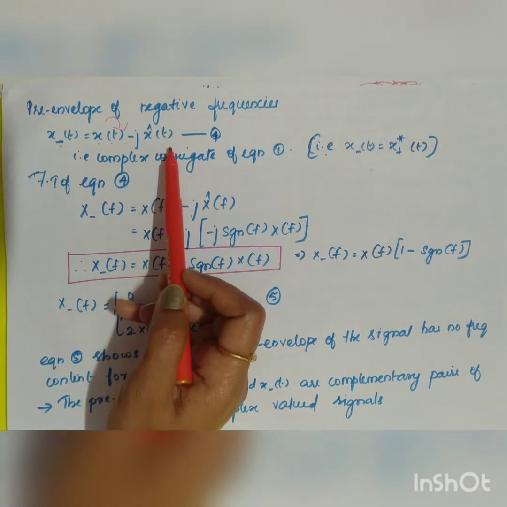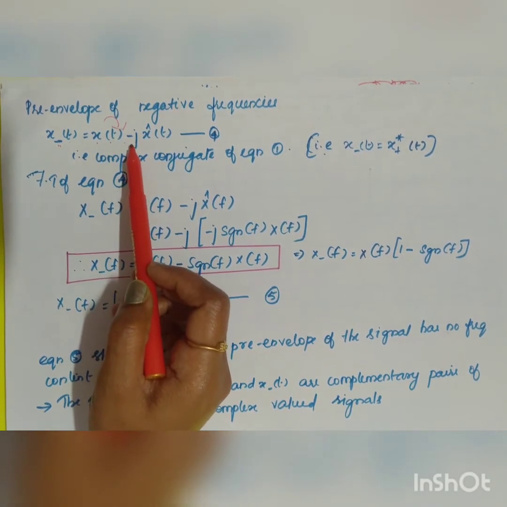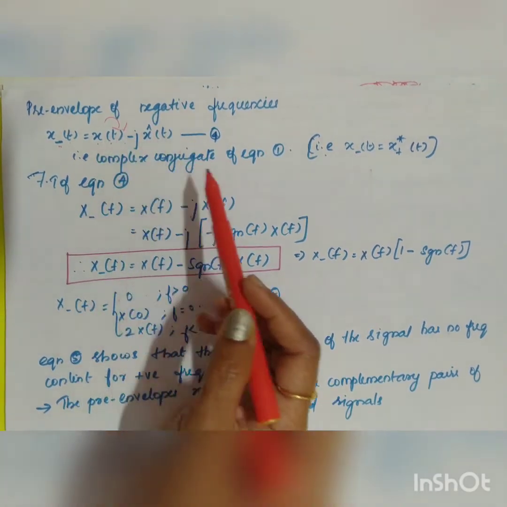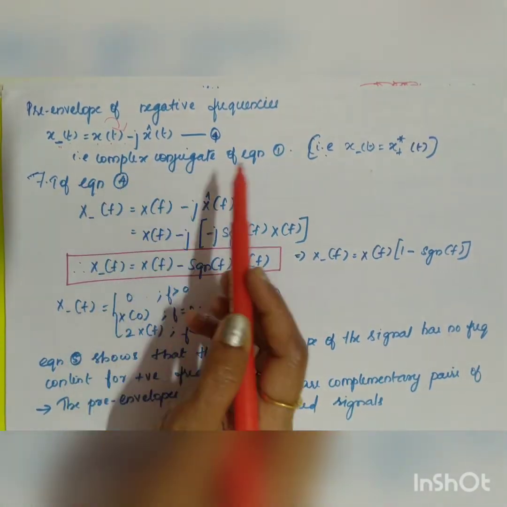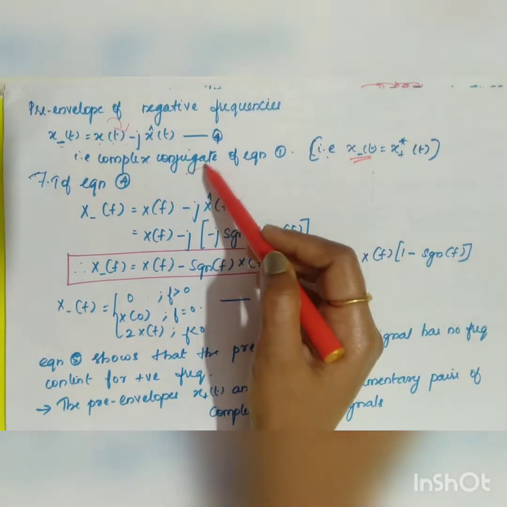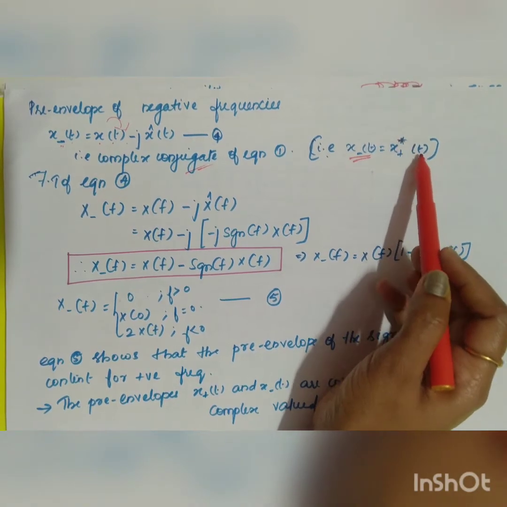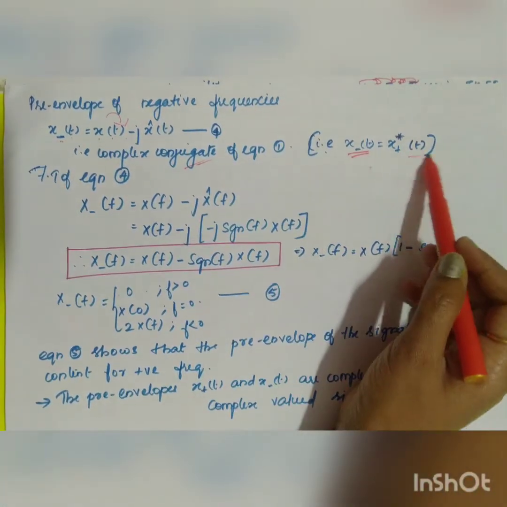It is the complex conjugate of equation 1, that is, x+(t) with a minus sign on j x^(t). Since it is a complex conjugate, you can represent it as x+*(t), so it can be expressed in this way also.